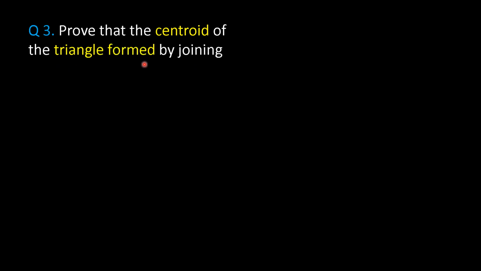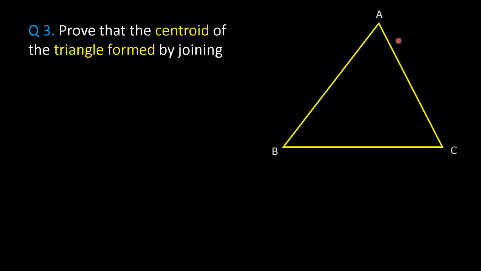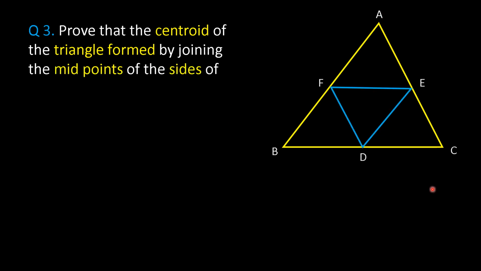In question 3, we have to prove that the centroid of the triangle, we have this triangle ABC, and we have to prove the centroid of the triangle formed by joining the midpoints of the sides. So this triangle DEF is formed by joining the midpoints of the triangle ABC.